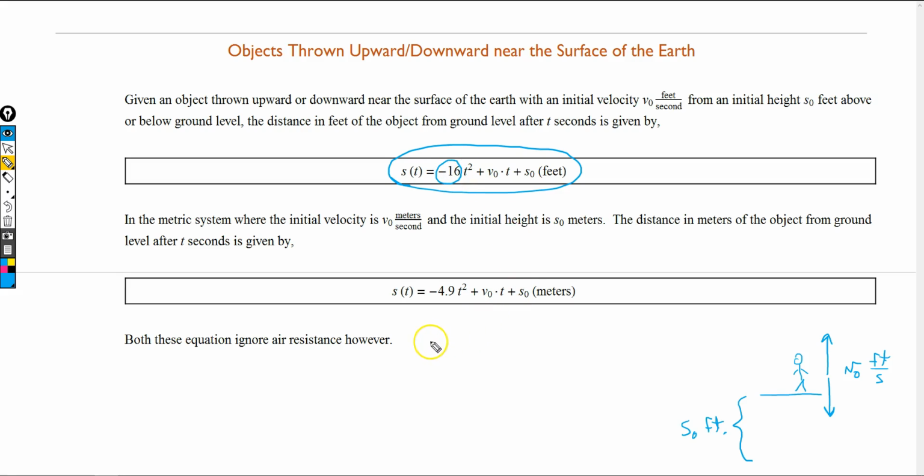That number 16 comes from half of 32. Now, near the surface of the Earth, acceleration due to gravity is negative 32 feet per second squared.